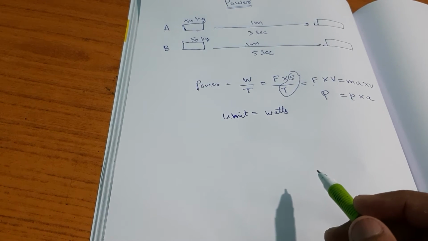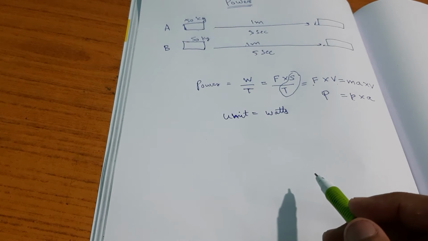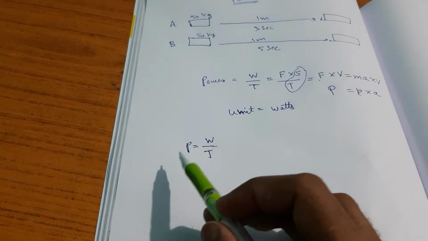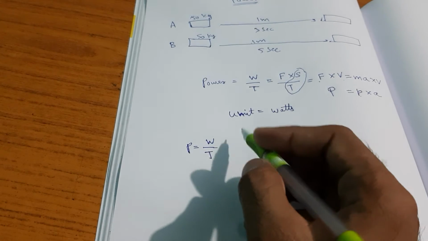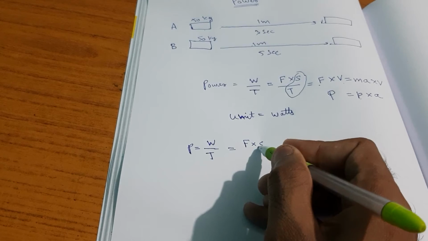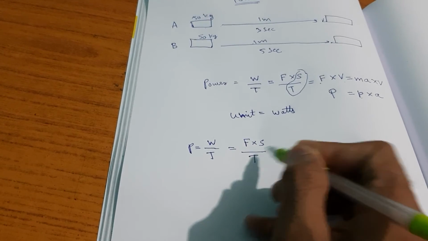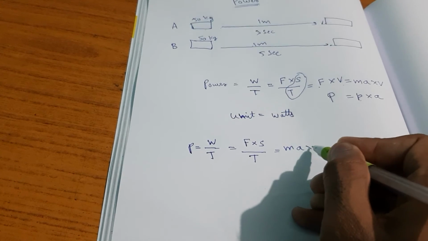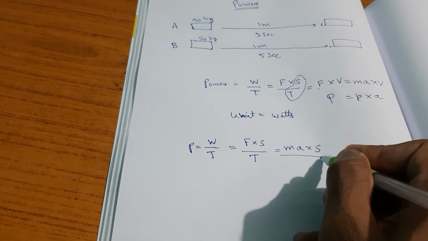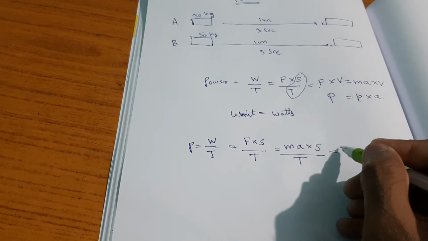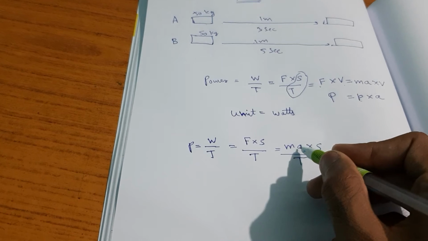Let us write power in terms of dimensions. Before that, let us write the formula of power and with the help of that derive the dimensions. Power is equal to work done per unit time. Work done is force into displacement upon time. And what is force? Force is mass into acceleration.